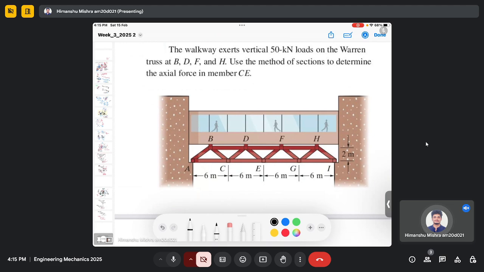So here it is given that the walkway exerts a vertical 50 kilonewton load on the truss at B, D, F and H. Use the method of sections to determine the axial force in member CE. And we can also find the force in member BD as well.